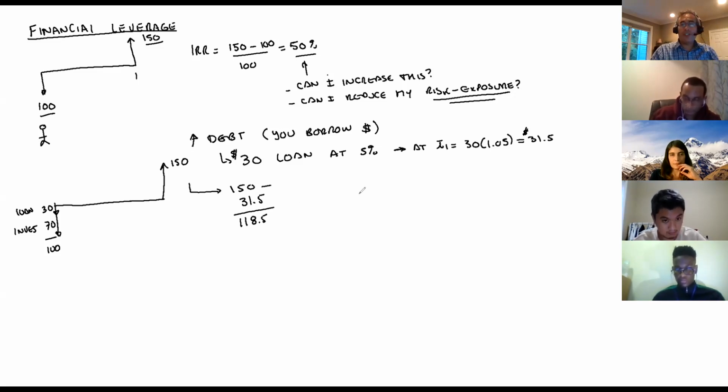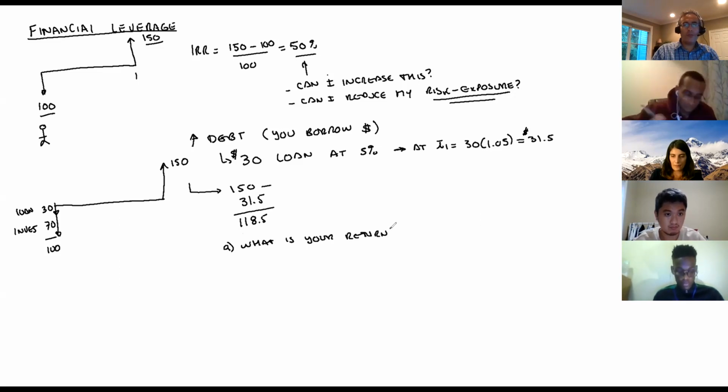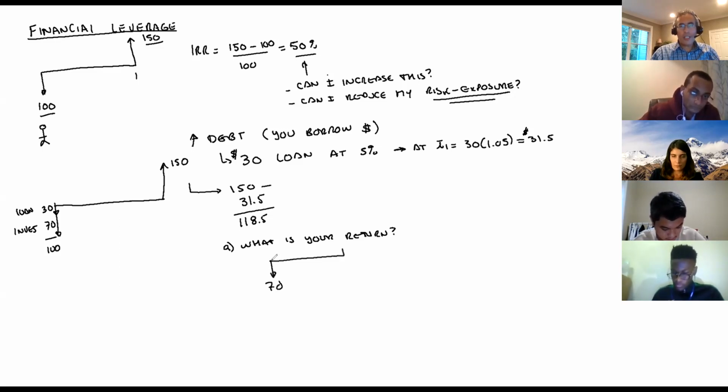Agree? So now my question is, what is your return? How do you compute that? Basically, my cash flow now, guys, if we do only my return, my cash flow is indeed 70, and then I get 118.5, correct?